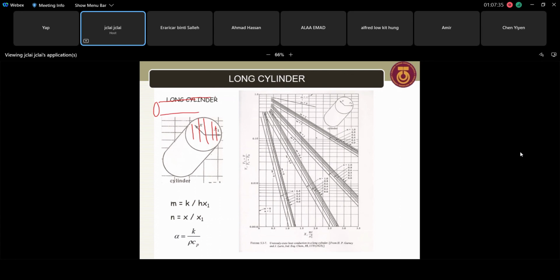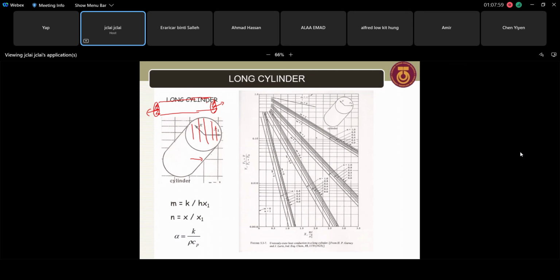If the cylinder is very long, then the heat loss through these two surfaces, two circles, can be negligible. So heat is only lost through the cylinder surface. Then this is the graph we use.